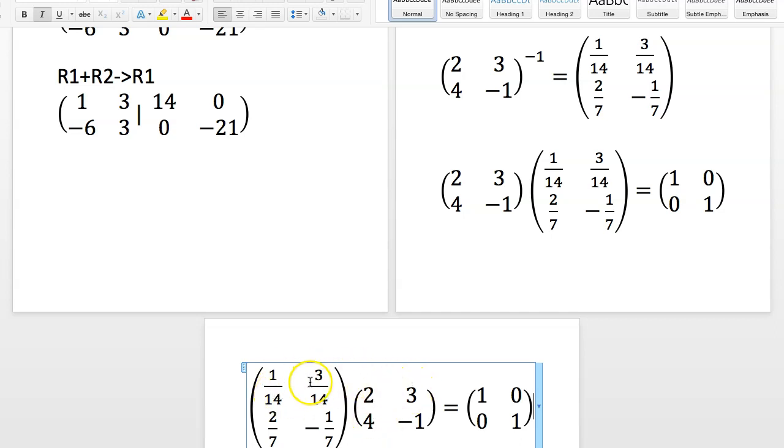Now 3/14 minus 3/14 is 0. Looking good. 2/7, 4/7, 0. And then all but the last entry. 6/7 minus a negative 1/7. All good. Yep, it checked out.